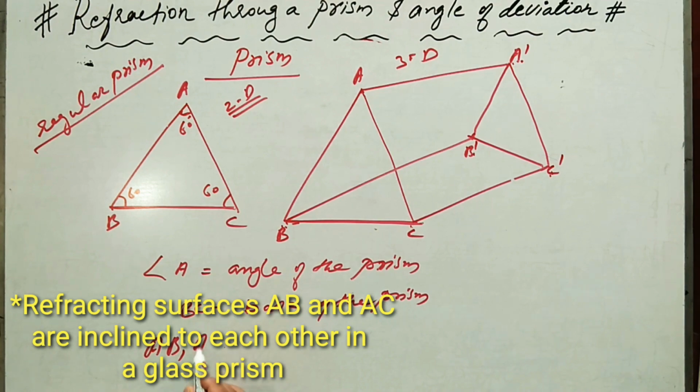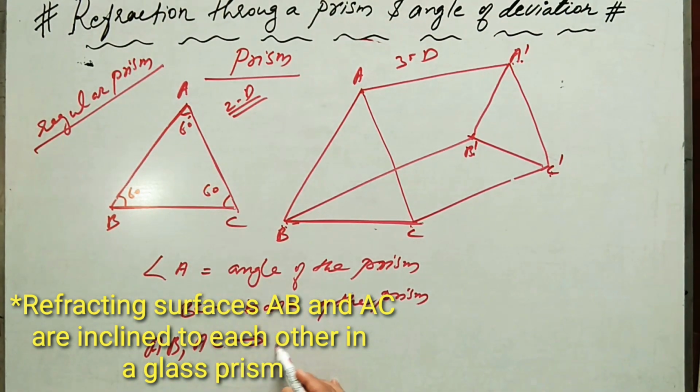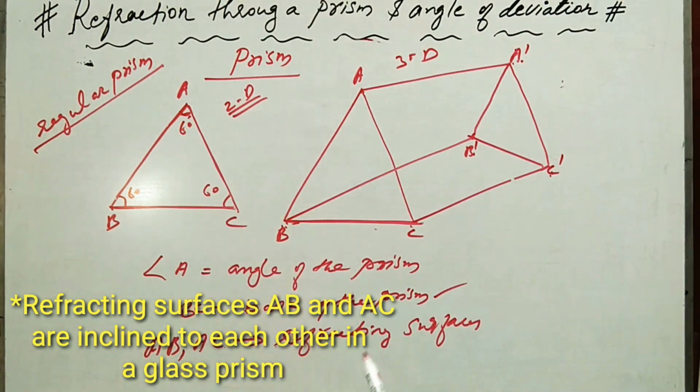So I can write AB and AC. AB and AC are known as refracting surfaces. Okay, so angle A is known as angle of the prism, BC is the base of the prism, AB and the AC are known as refracting surfaces of the prism.